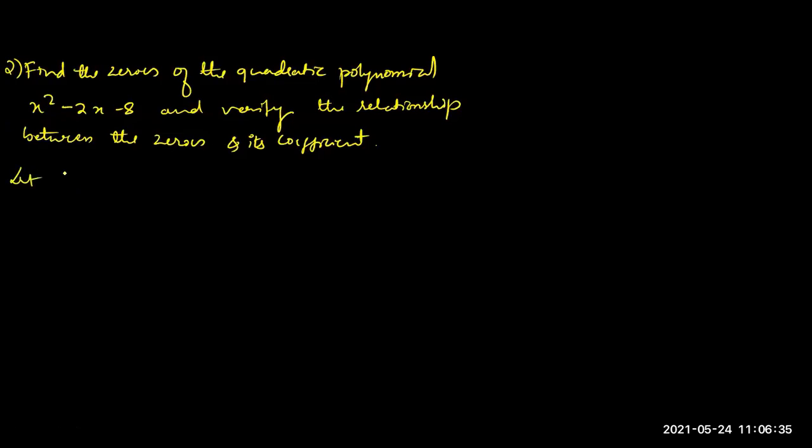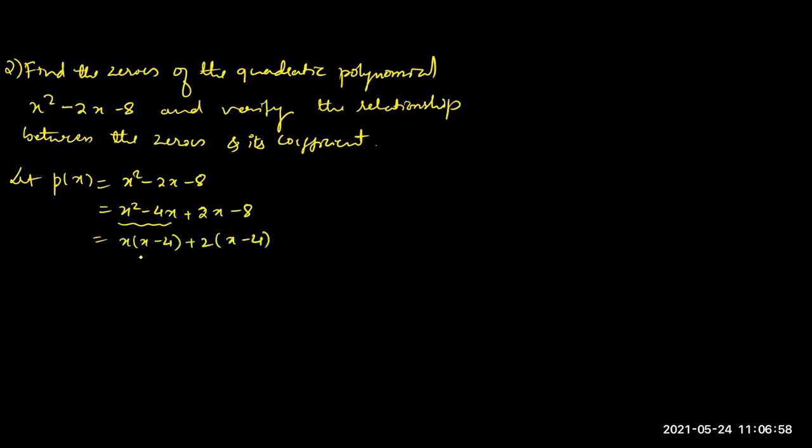So let P of x be equal to x square minus 2x minus 8. That is x square minus 4x plus 2x minus 8. x is common, x minus 4 plus 2 is common, so x minus 4 is common, x plus 2.